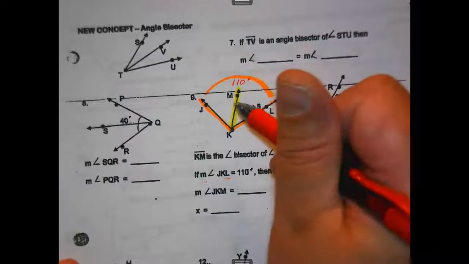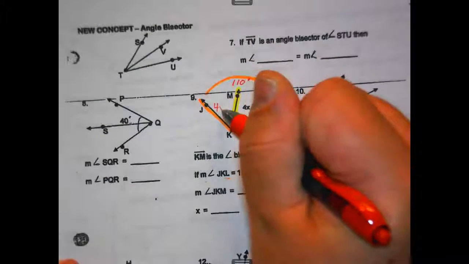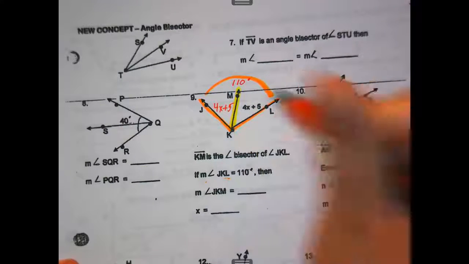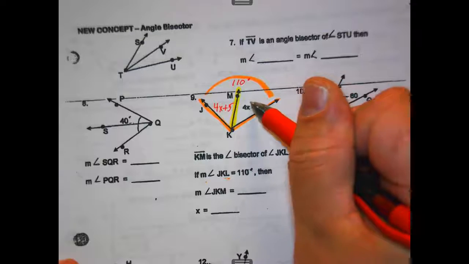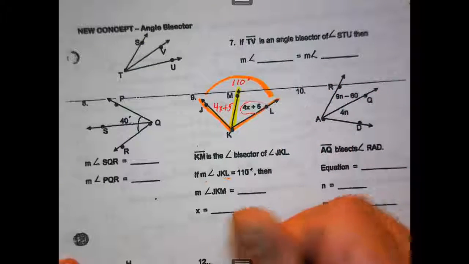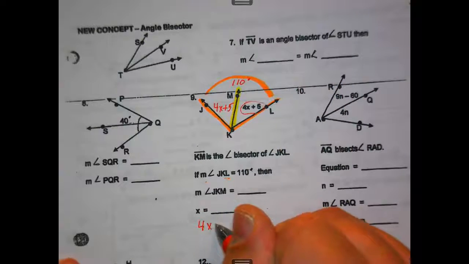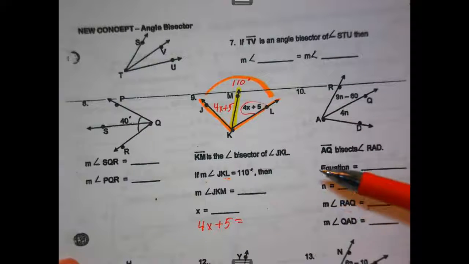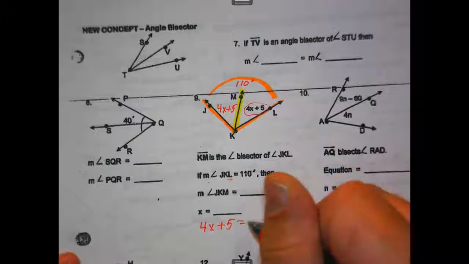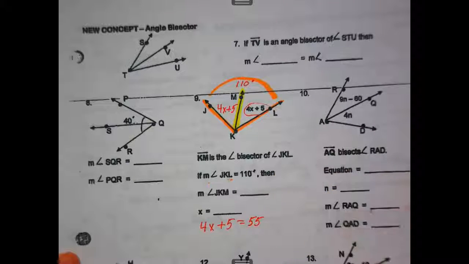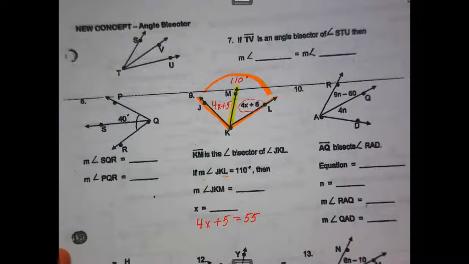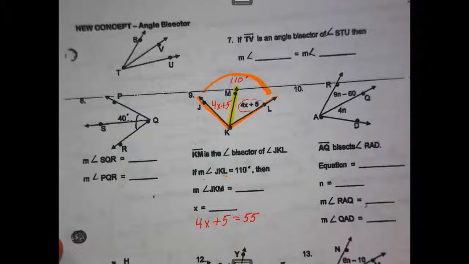We know that this measurement is 4x plus 5 because it splits it in half. Or we could just take one of these, the 4x plus 5, and set it equal to half of 110, which is 55. That's probably the easiest way to do it. Okay, then we solve for x.